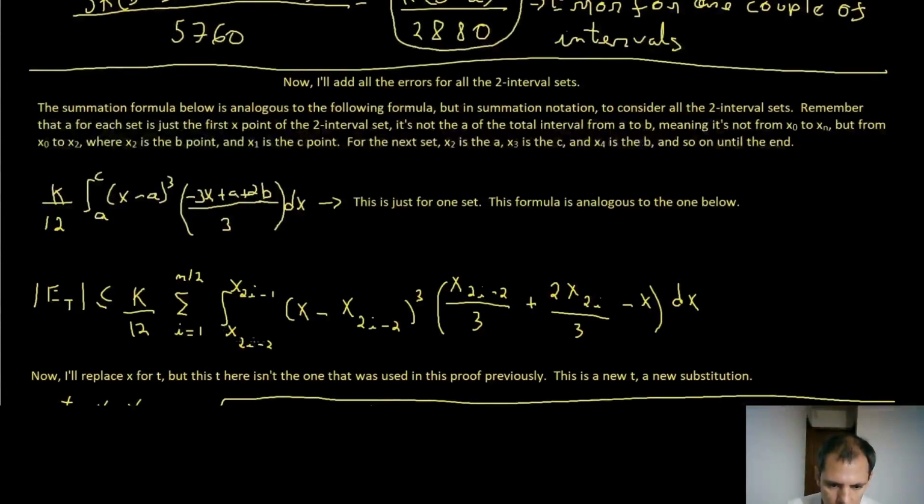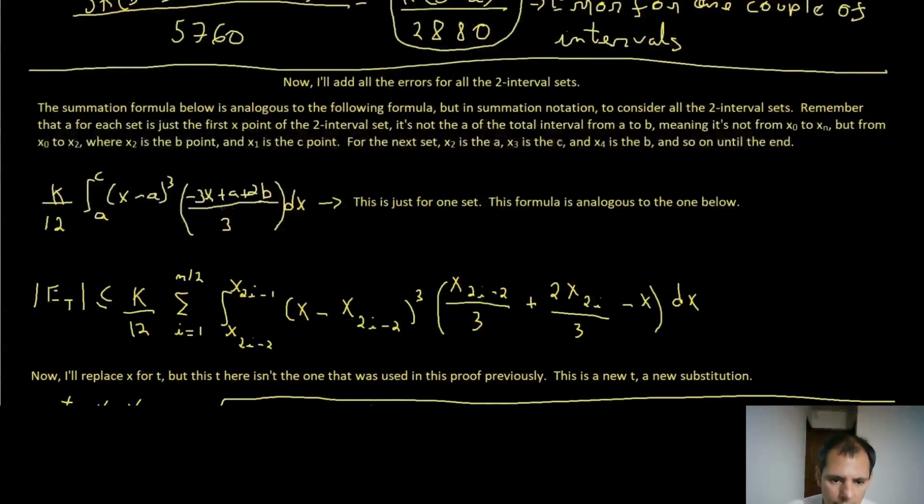Now you see, this is small, so I'm going to read these things out for you. This is the integral of x from x sub 2i minus 2 to x sub 2i minus 1. So when i is 1, this one is going to be 0, this one is going to be 1. When i is 2, this one is going to be 2, and this one is going to be 3. So you can see that it's the same thing in here, but for all sets of 2 intervals.